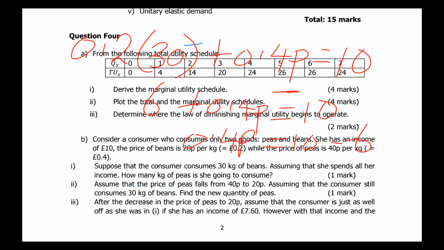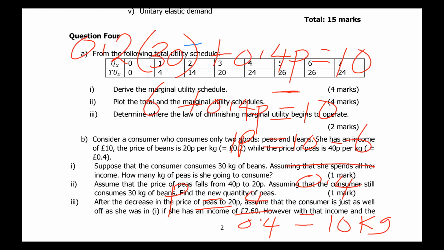So P is equal to 4 divided by 0.4. What is 4 divided by 0.4? It's 10 kgs, okay?